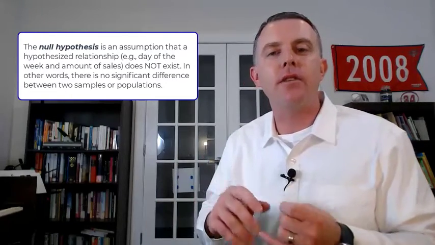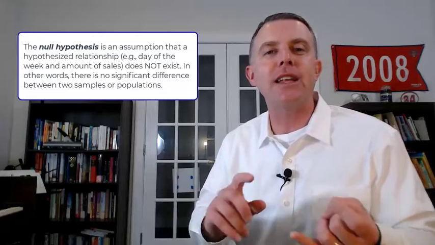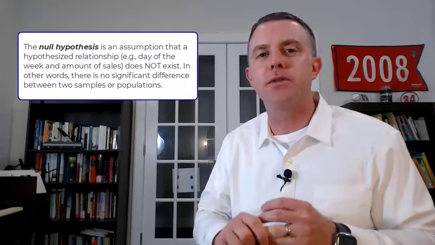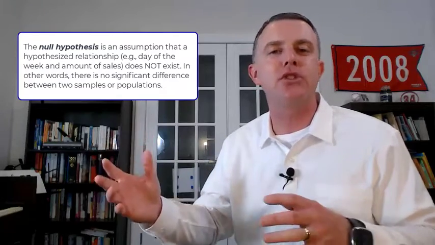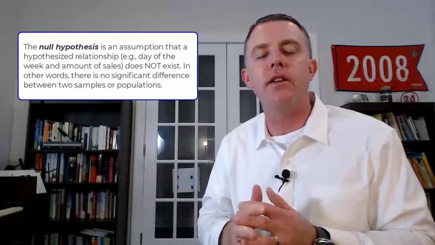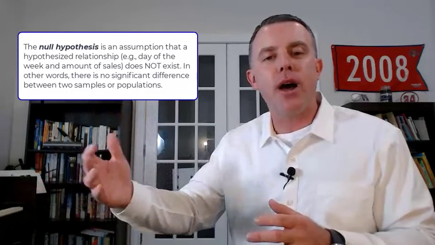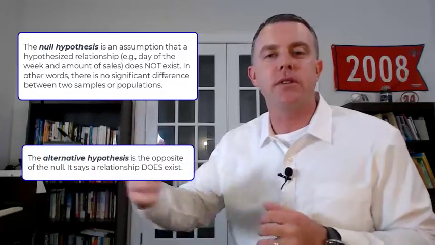So we're going to have innocent until proven guilty. That's the null hypothesis. We're assuming that our hypothesized relationship is false, right? There is no relationship between the day of the week and the level of sales. Now, the alternative hypothesis is the opposite.